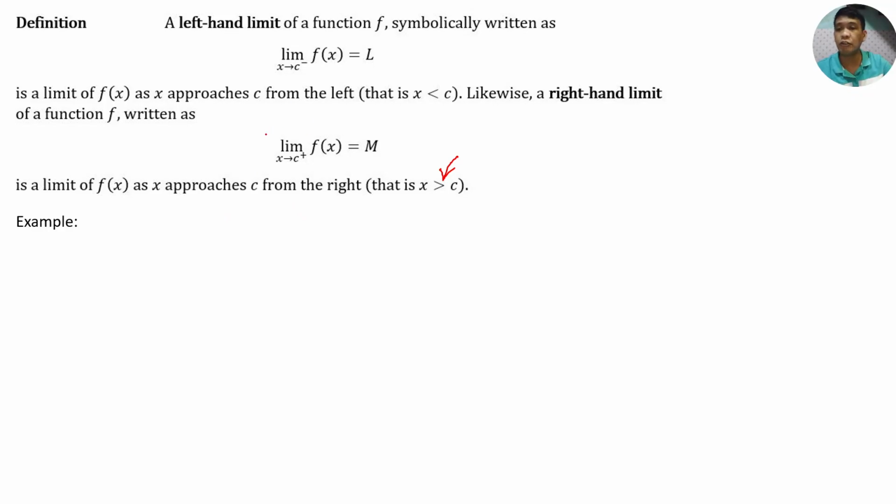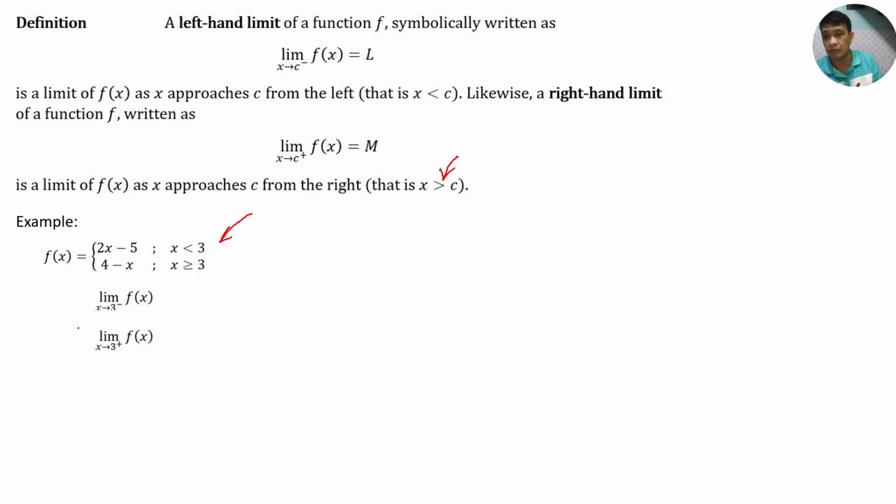So for x is greater than c from the right, for x is less than c from the left. So let us try to have this example. So if f of x is equal to 2x minus 5, for x is less than 3, and 4 minus x, for x is equal to or greater than 3, kunin natin ang limit as x approaches 3 minus. So ano yung galing sa 3 minus? Yun yung coming from the left of x is equal to 3.